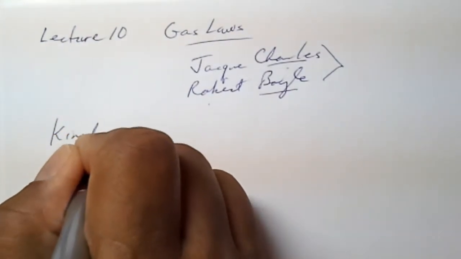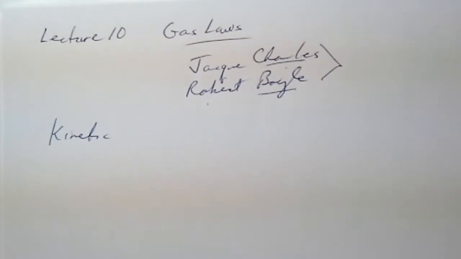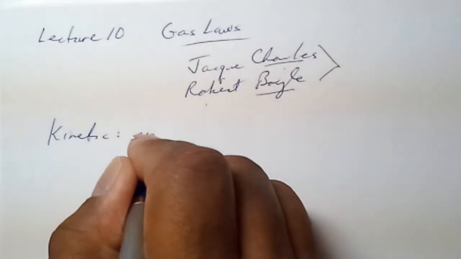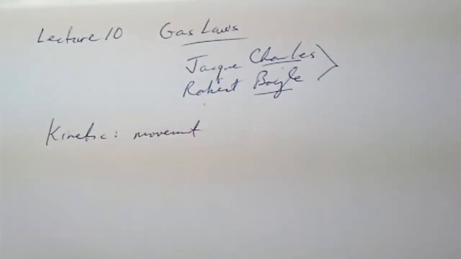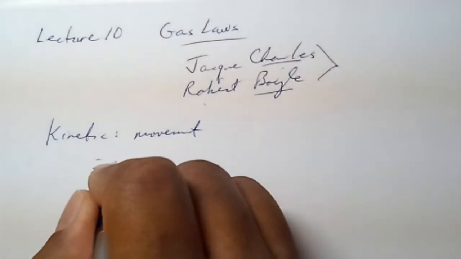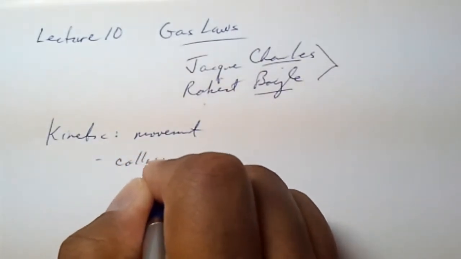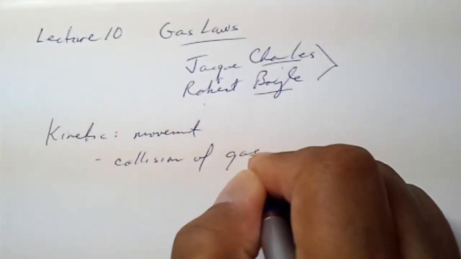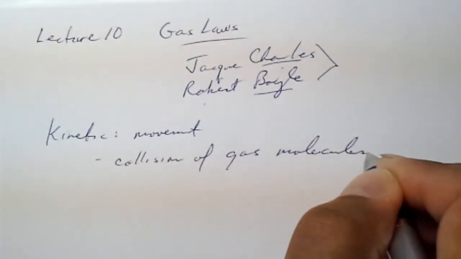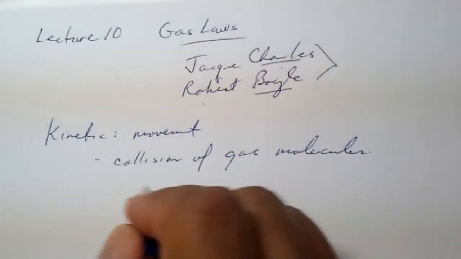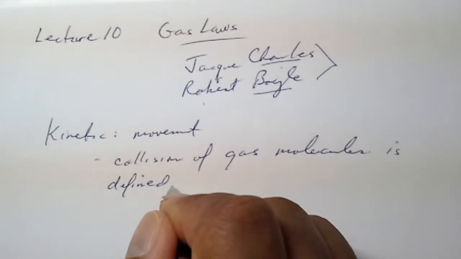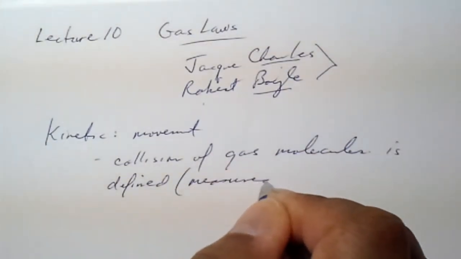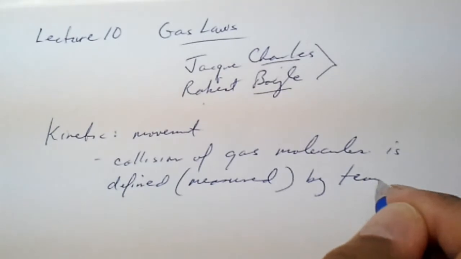For instance, the idea of kinetics or movement of molecules is particularly important for gases because the kinetic movement or collision of gas molecules really is measured, not defined, measured, by temperature.